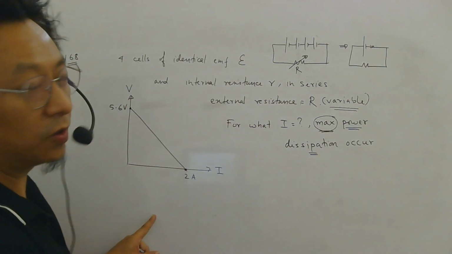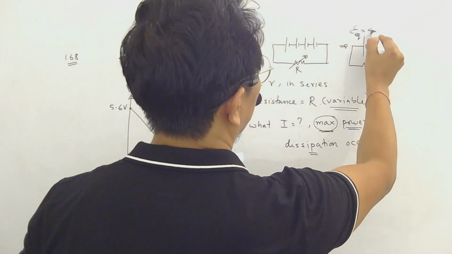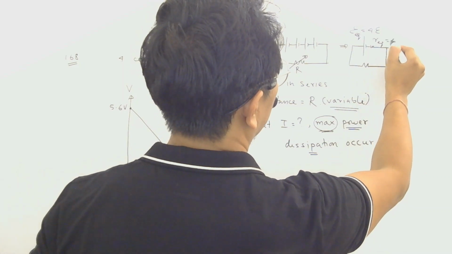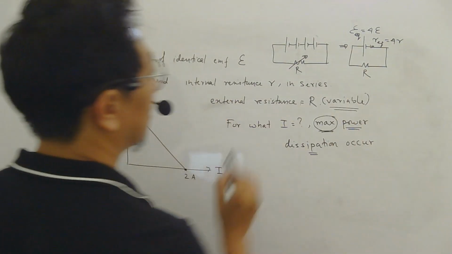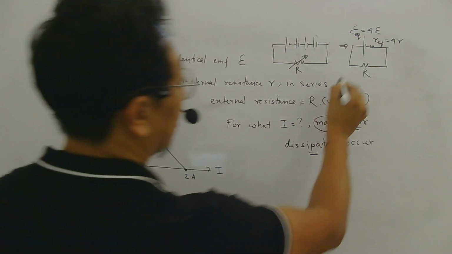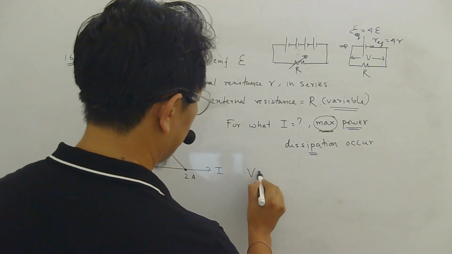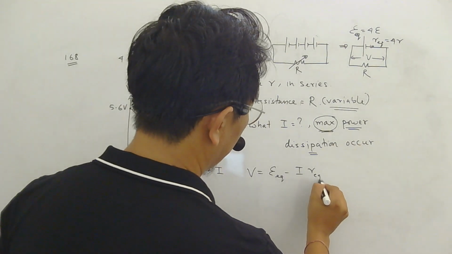What will be the equivalent EMF? That will be 4E, and equivalent internal resistance will be 4r, and this is your external resistance. Now the terminal voltage here, V, formula was E equivalent minus I into R equivalent.